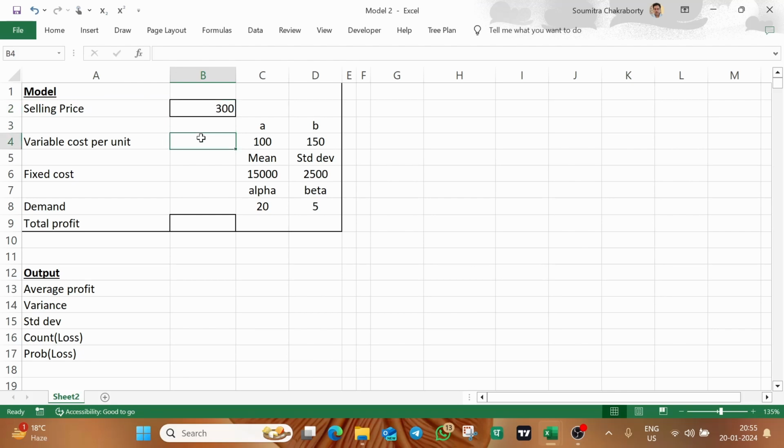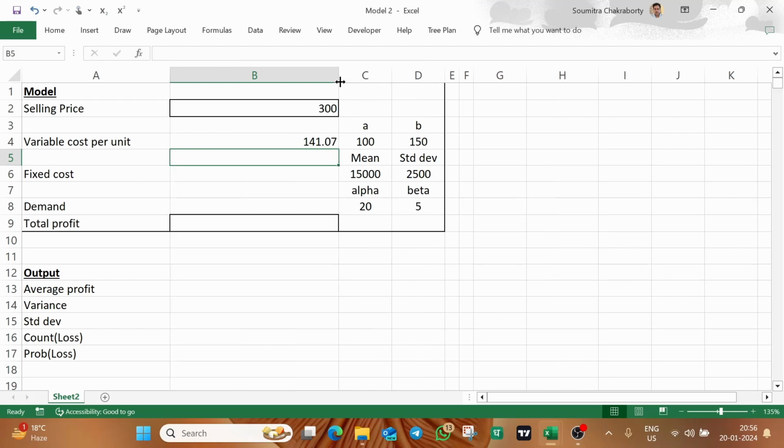Now the variable unit cost was following uniform distribution between the lower limit of 100 and upper limit of 150, and therefore what is the random variate? Random variate is a plus random number into b minus a. If you are finding problem in verifying the formula, then I will extend this b column so that you can see it properly.